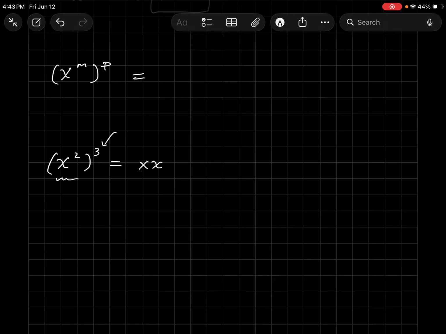Something cubed means we have to do that 3 times. So x times x, x times x, x times x. And that gives us x to the 6th. So what is the shortcut here? Well, power to a power, we multiply the powers. One other quick property I want to talk about: anything to the 0 power is 1.